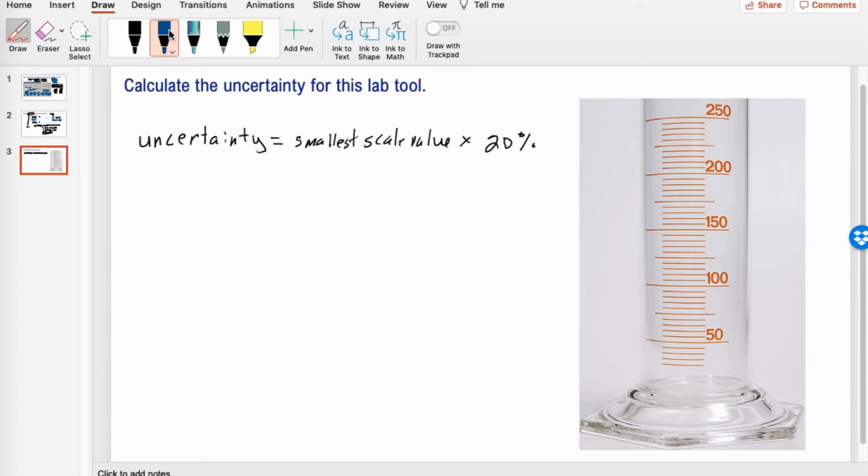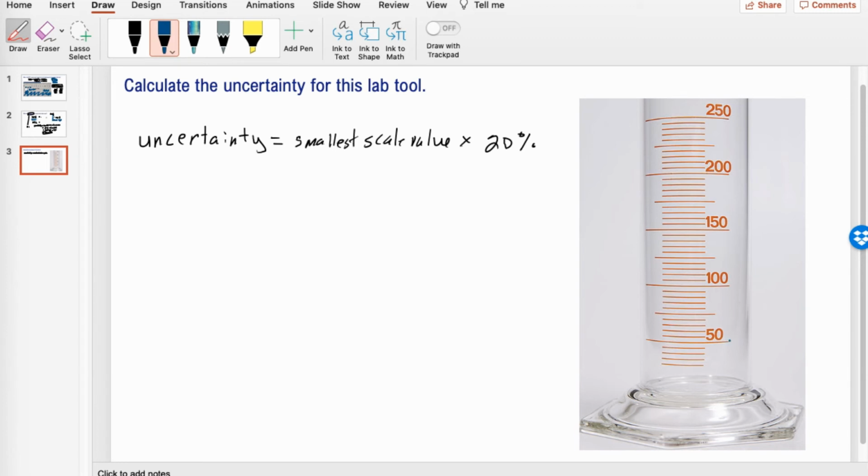All right, I'll choose a different color here so we can see what's going on. It doesn't matter where you measure here. It makes no difference where you measure whatsoever. You can measure from the 150 to the 200, 200 to the 250. Let's just pick one of these. Let's just go down here.